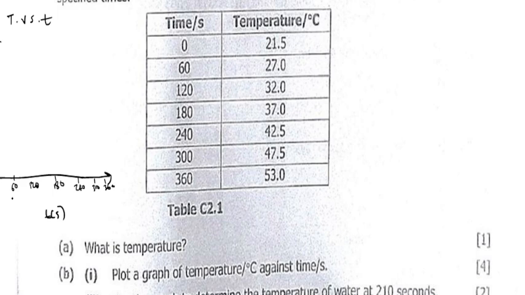If this is my 10, this is my 20, 30, 40, 50, 60, I can space it with intervals of 10. Then you plot. When time was 0, temperature was 21.5. So you go where 21.5 is, maybe somewhere here.